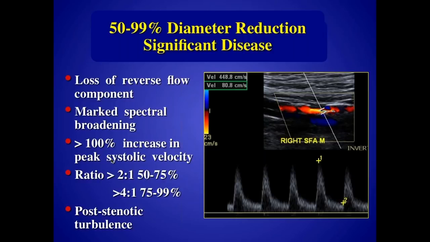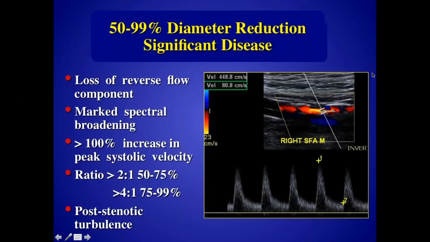It's no longer triphasic. If you look at this example, here we have a tight stenosis in the superficial femoral artery. If you look at the color display, you'll see there's some aliasing there, clearly some plaque, narrowing, and the peak systolic velocity is almost 450 centimeters per second, clearly more than double the peak systolic velocity in the proximal segment. So analyzing this waveform, we see it's no longer triphasic.